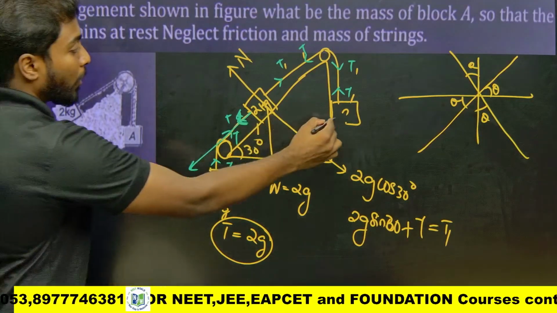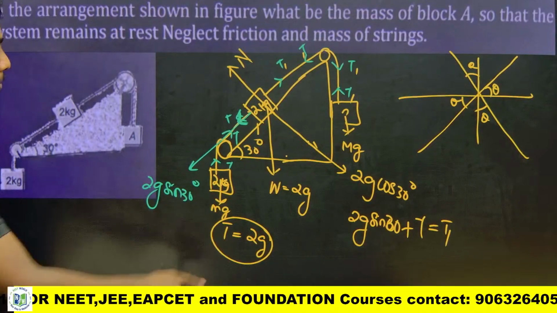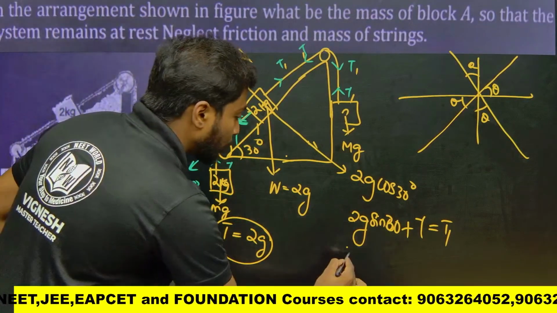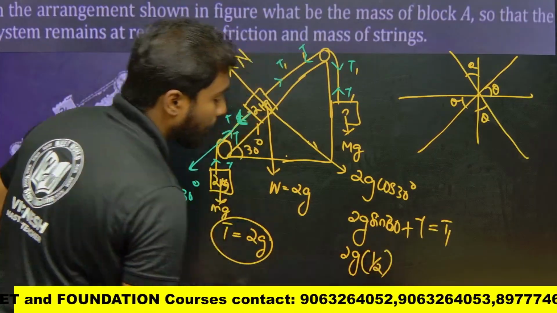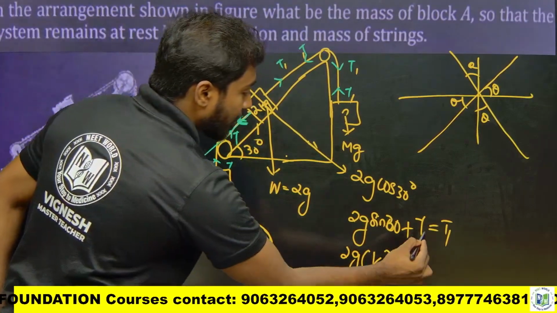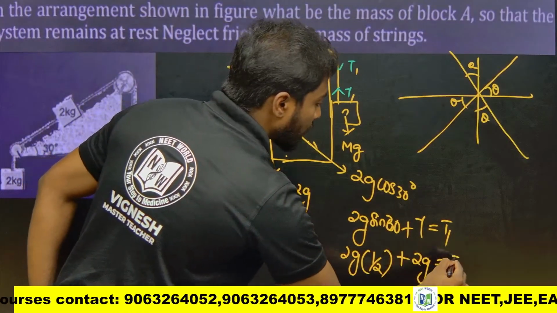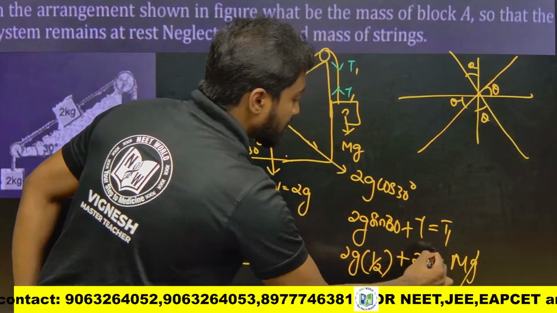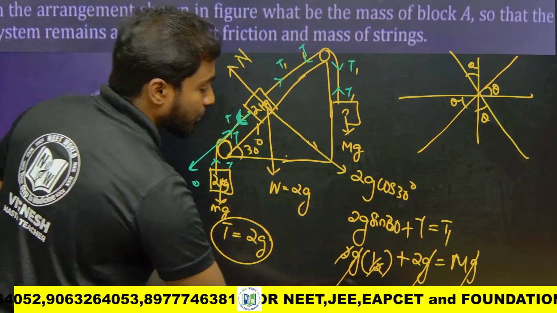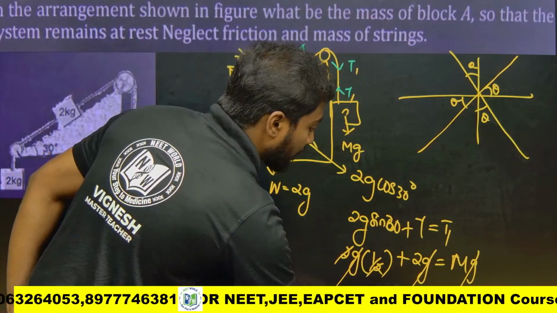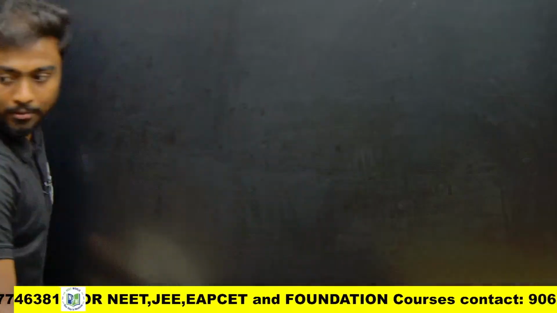I know what T1 is, this is mg. The mass I need to find. So 2g sin 30, sin 30 is 1 by 2, plus T is nothing but 2g, right? 2g equals mg. g cancelled out, and this 2 and this 2 cancelled. So m is nothing but 3 kg. 2 plus 1 is 3 kg.